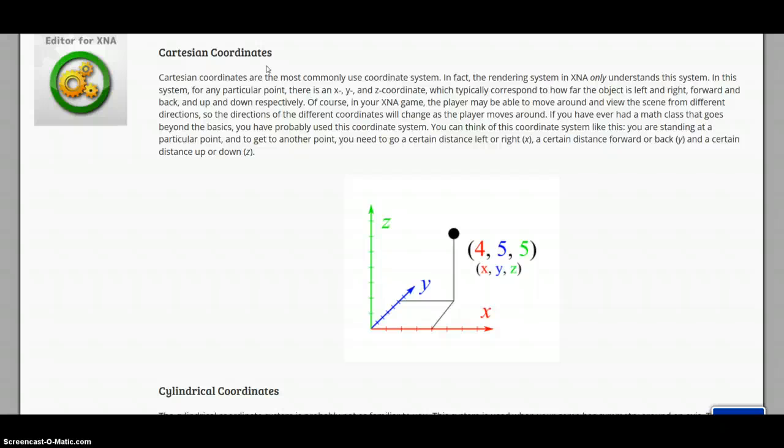The Cartesian coordinate is represented by x, y and z coordinates, all representing distances from the origin.